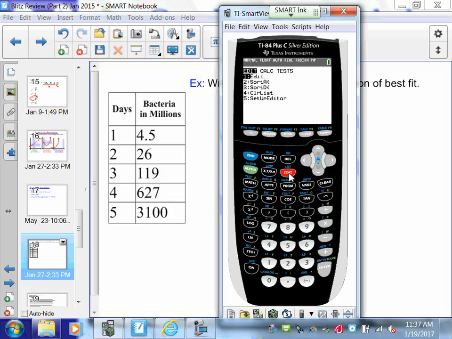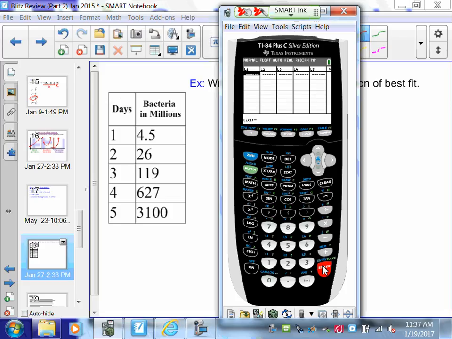Under edit, the first part is list 1. Usually this is your X and this is your Y, so put list 1 as your X's and list 2 as your Y's. Just type in the list and hit enter until you have all 5. And then type in list 2. 4.5.